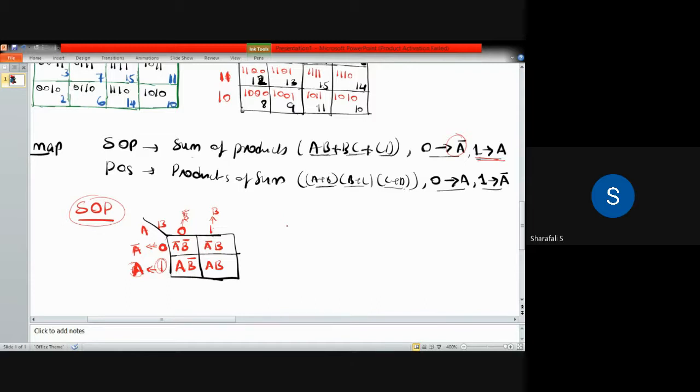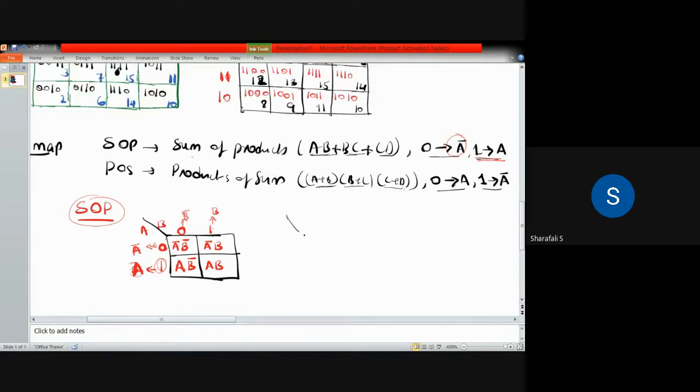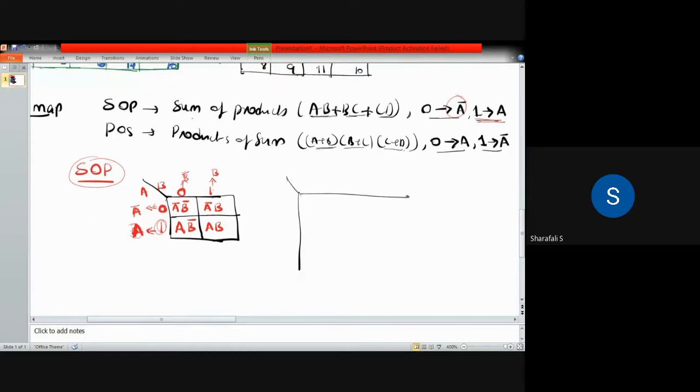Similarly, you can fill in the four variable K map also. I'll just draw that. Take some time to draw this.